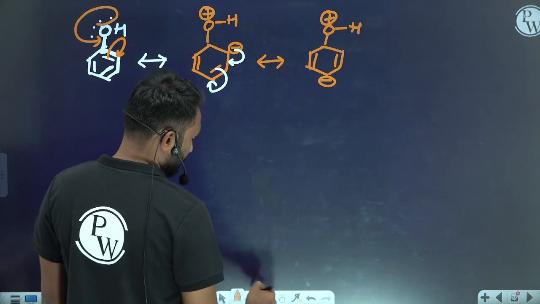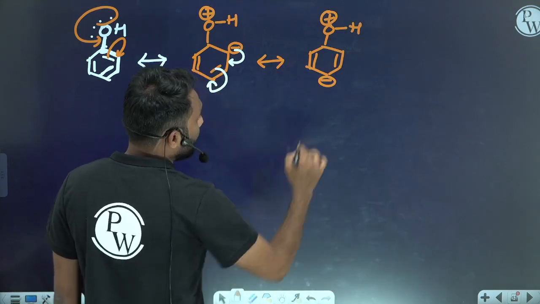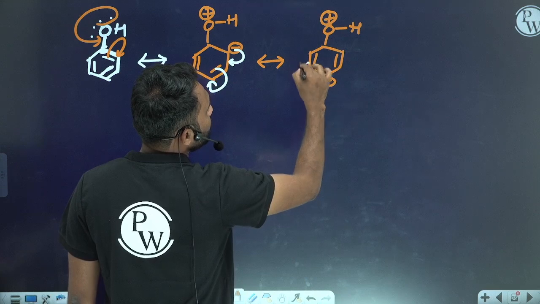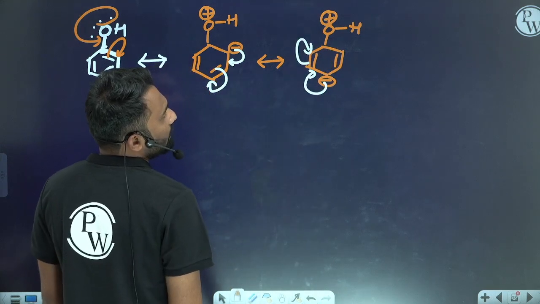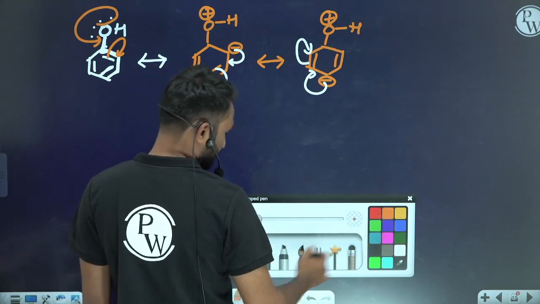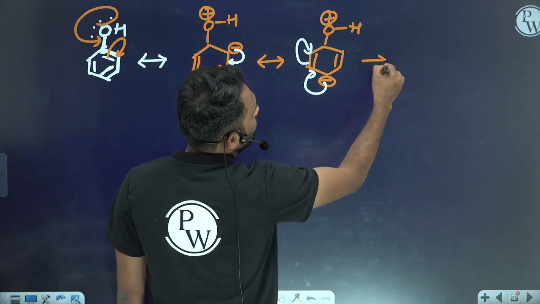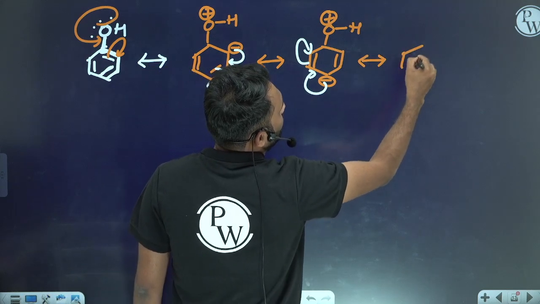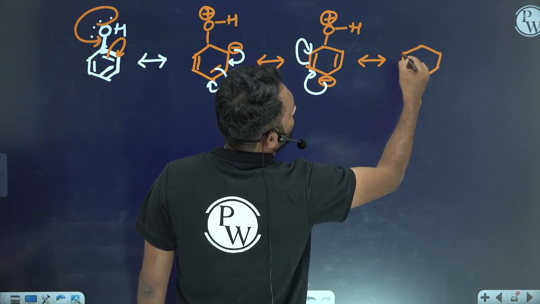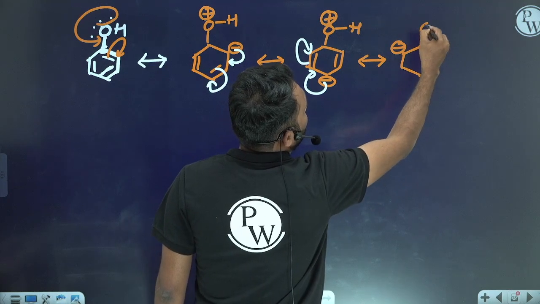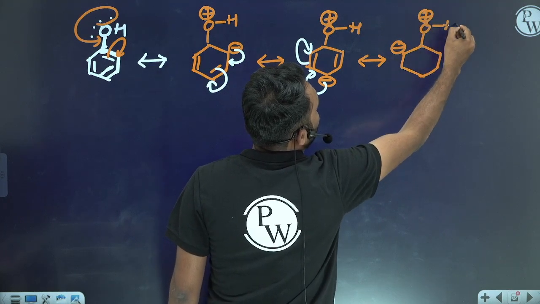Clear? Now next, again this negative charge will be delocalized here and this will be delocalized to here. Now here it is negative charge, here it is positive, and here it is positive. Clear?